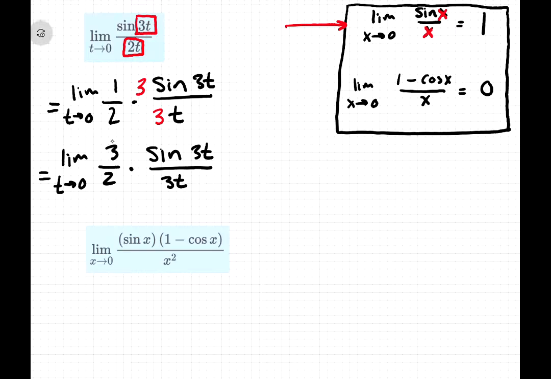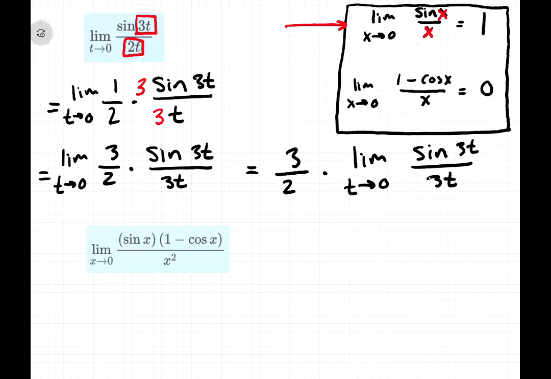And the 3 over 2, that's a constant. That has nothing to do with the t. So the limit is not affecting this 3 over 2, so we can bring the 3 over 2 out front. And so we have times the limit as t goes to 0 of the sine of 3t over 3t.